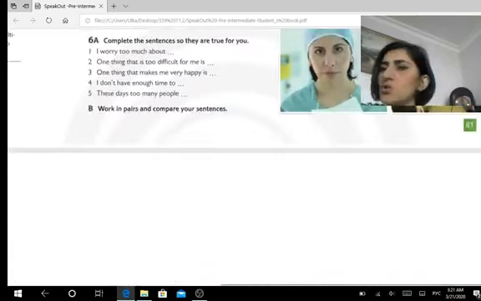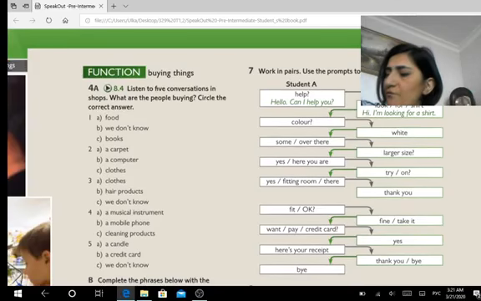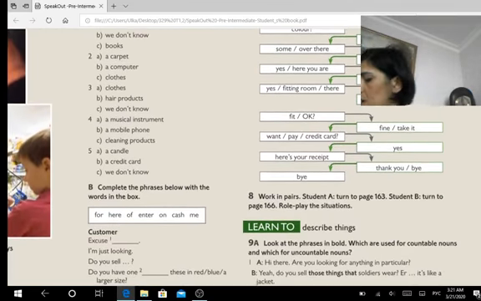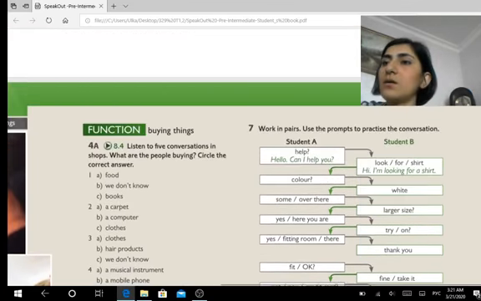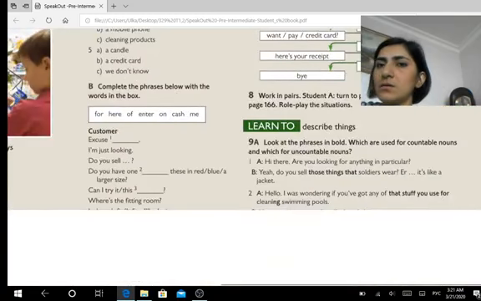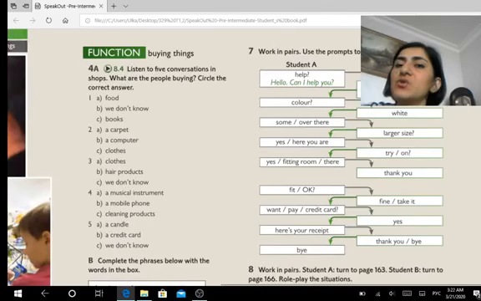Now let's go to page 82. In 82, you will touch only function for A and B. I'm sorry, 83. I'm sorry, that's 82. We'll skip 82.